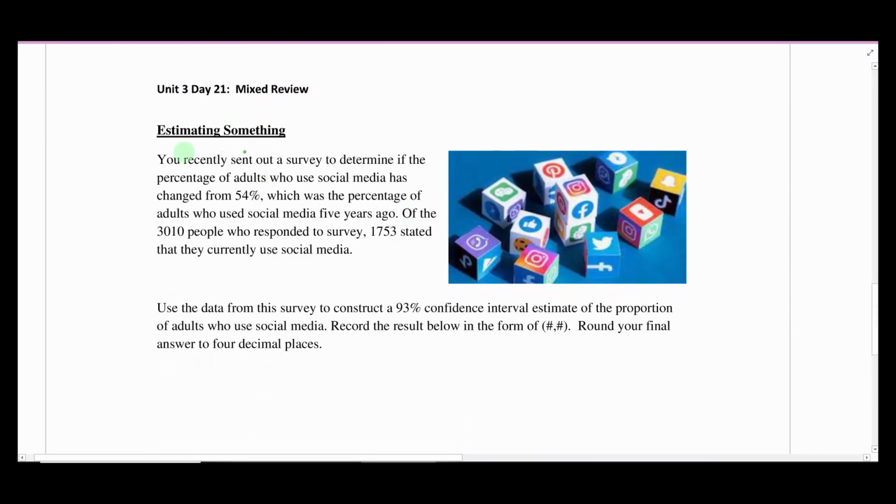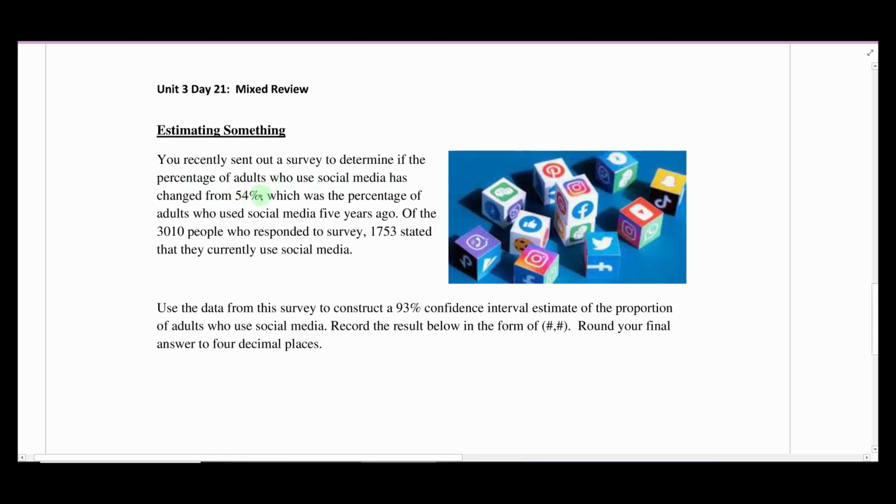All right, confidence intervals are used to estimate something. Their primary purpose is to take something that we really don't know and estimate what we think it might be. So let's read this scenario and see what we can do with a confidence interval. It says you recently sent out a survey to determine if the percentage of adults who use social media has changed from 54%.